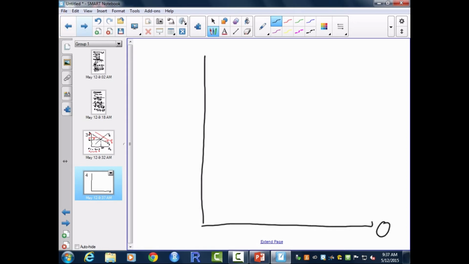So here I put quantity of yen. Here I put price of yen. And price of yen in terms of dollar, of course, that would be 1 over R, right? The inverse of the exchange rate. So you have a demand for yen.